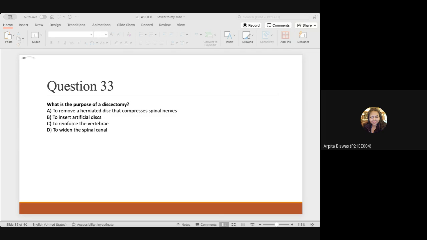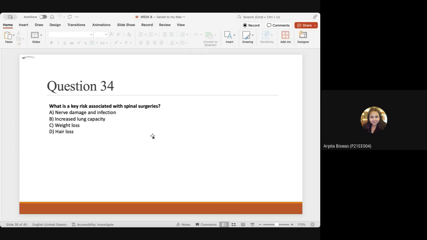Okay, so next we move to question number 34. What is the key risk associated with spinal surgeries? First option is nerve damage and infection. Option B is increased lung capacity. Option C is weight loss. And option D is hair loss.